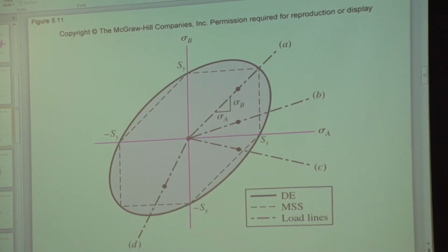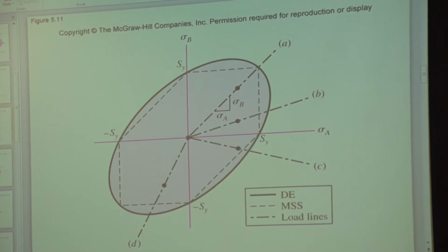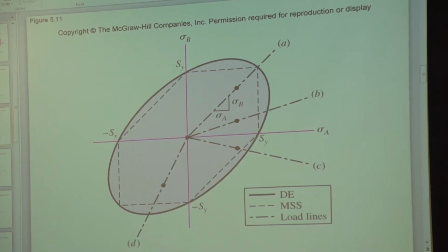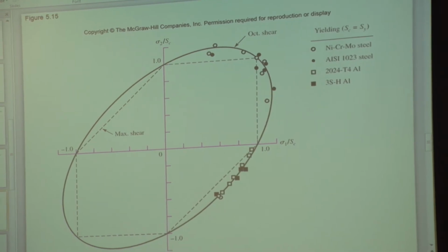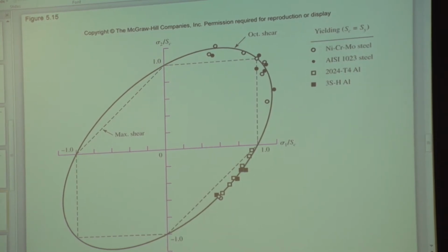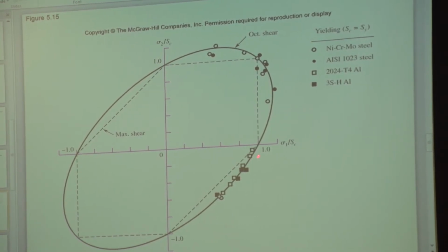This is what we said before, that you plot that point and allow the stresses to increase until they cross the failure line. The two are a little bit different from one another. However, the experimental points that we get from tests agree much more readily with the von Mises theory of failure, or maximum distortion energy, than they do with the maximum shear stress, especially in this part.